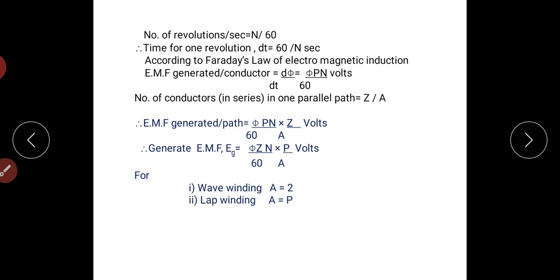Next, dΦ means the flux cut by the conductor in one revolution. Here we assumed the number of poles equals P. The conductor cuts the total flux inside the generator.